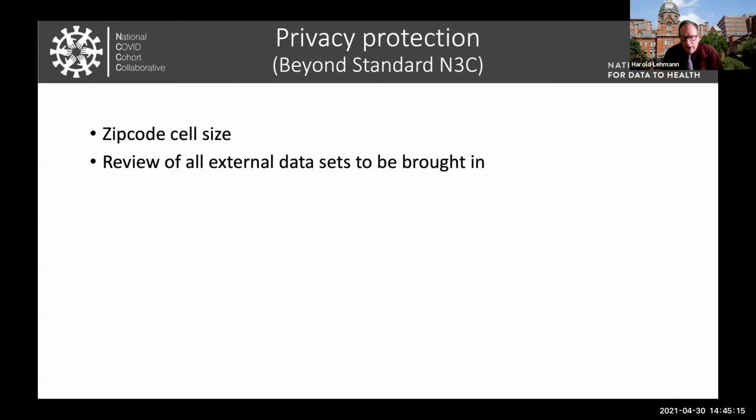There is a rurality project going on in the enclave that is dealing with those sparse zip codes, and they have to face the challenge in how to report the results without revealing the zip codes that they're talking about. I already alluded to the fact that the external data sets have to be reviewed. Next slide, please.